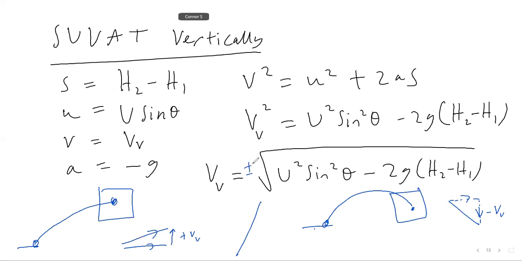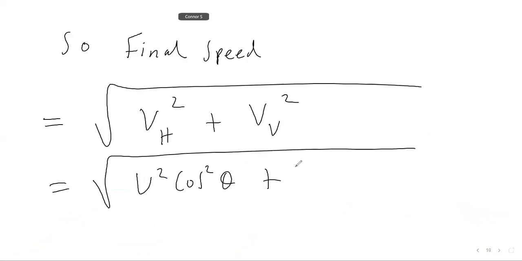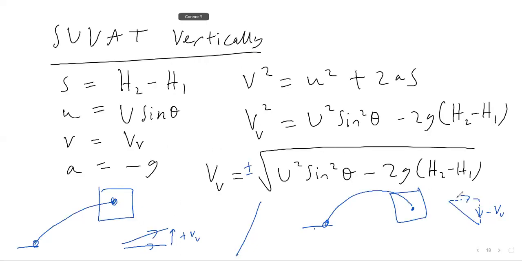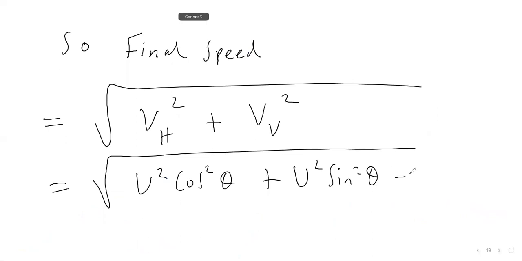Again, regardless of whether that's a plus or minus sign, it's irrelevant with this final speed calculation, because that's our vertical final speed squared. So we're just going to copy that: plus u squared sine squared theta, and then minus this 2g(h2 take away h1).